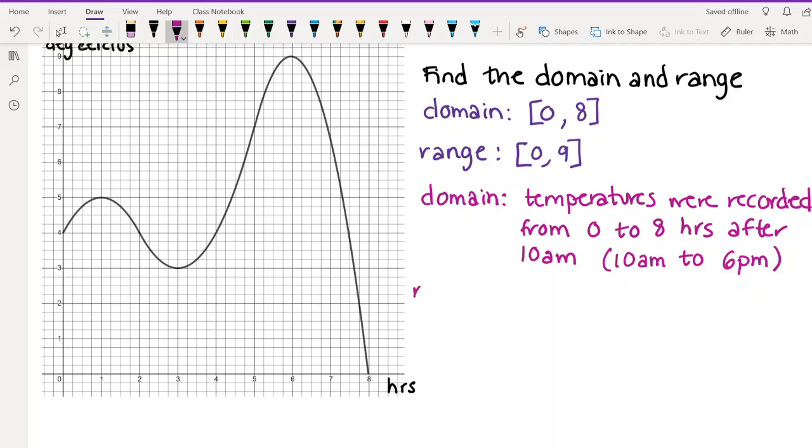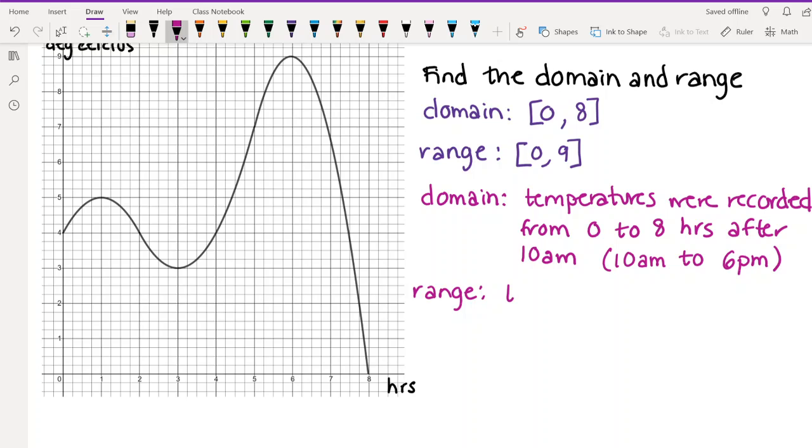And then what is the range telling us? Well, again, the range, the y values on this graph, are telling us temperature because that's the output of the function. And so if the range is from 0 to 9, that means the city experienced all of the temperatures between 0 and 9 degrees Celsius, because the graph covers every single y value between 0 and 9.